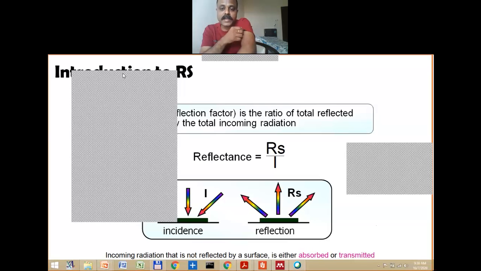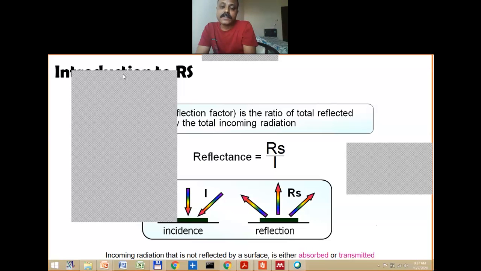If most of the energy is absorbed and nothing is reflected back, it will look black. If almost all the wavelengths are reflected back, it will appear whitish.